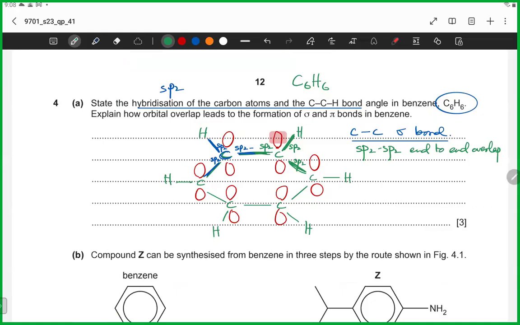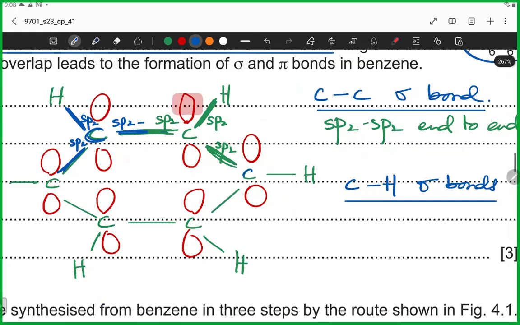And then you have the carbon and H sigma bond। ठीक है, there's another sigma bond that's forming। Single bonds are all sigma bonds। So that's a carbon and H sigma bond, so you have to explain how that happens। Carbon has an sp2 hybrid orbital, 3 of them, right? What does H have? H has an s orbital.